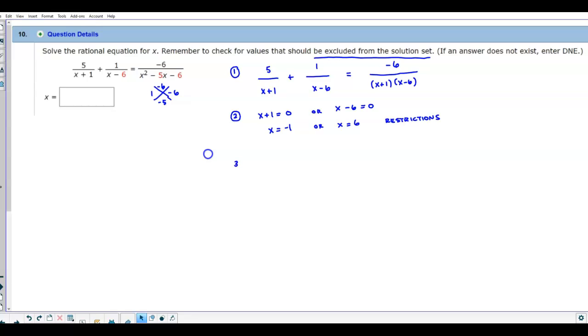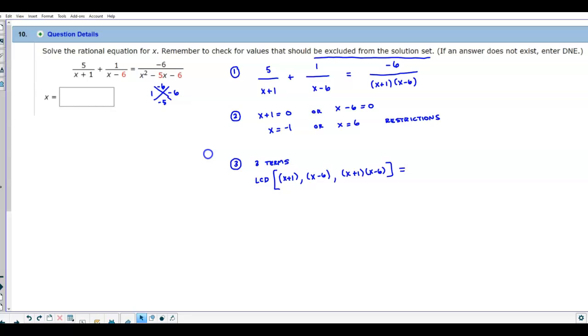Step number 3, we now want to figure out, okay, how many terms do we have? We have 3 terms in our problem. We can see that the LCD is going to be between x plus 1 or x minus 6 or x plus 1 times x minus 6.